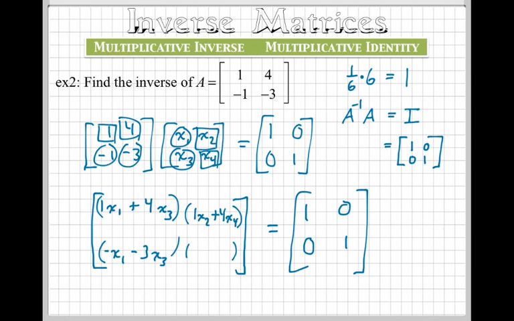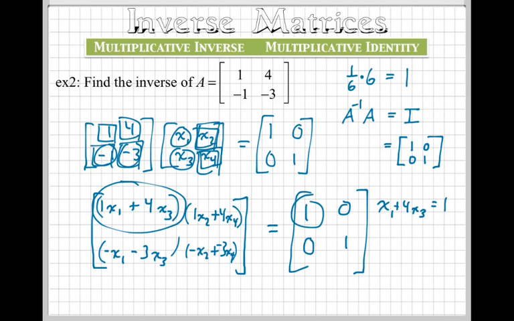And then the second row, -1 times x sub 2 would be negative x sub 2 plus -3 times x sub 4. And this, since it corresponds with the 1, would be written as x sub 1 plus 4 x sub 3 equals 1.